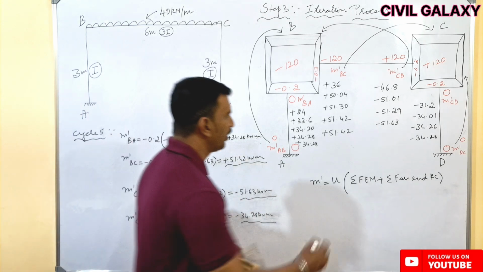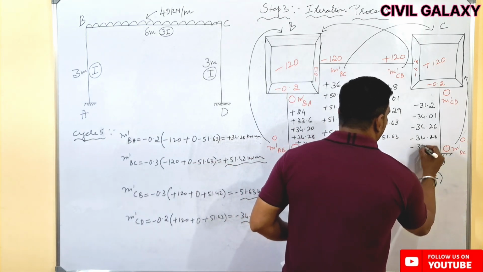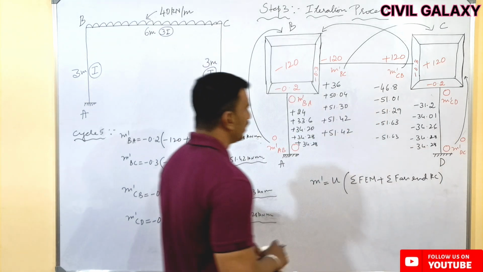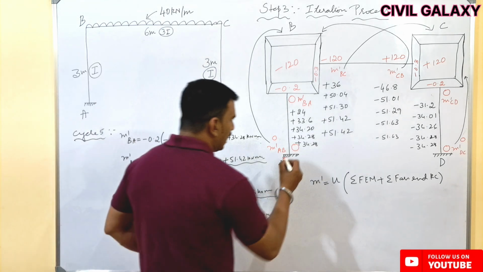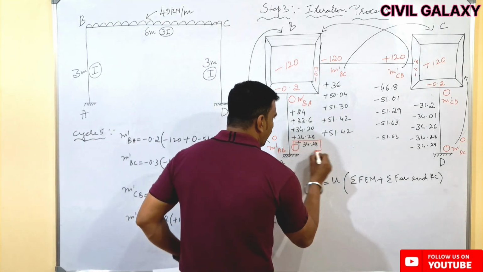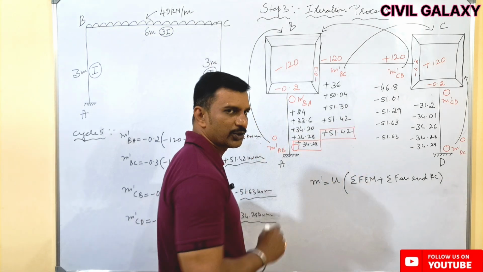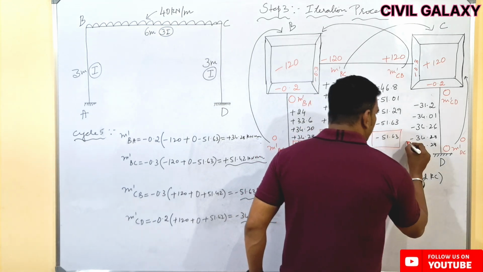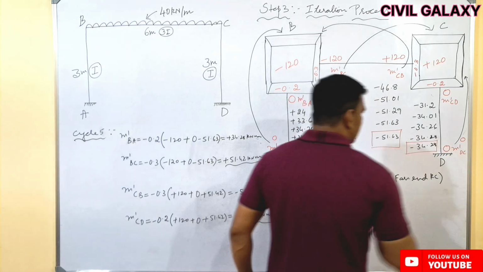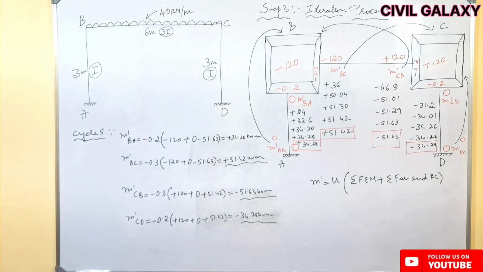So this value we will put over here, minus 51.63 and minus 34.28. So now if we observe, we are having similar values. So this value we can consider as the final rotation contributions while we are calculating the final end moments. So this value we need to consider as final for the calculation of final end moments.